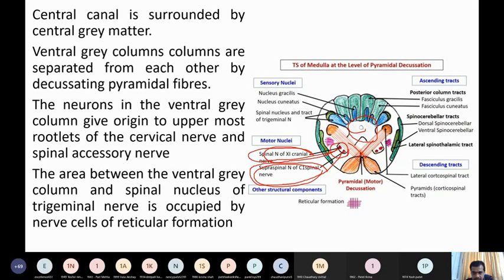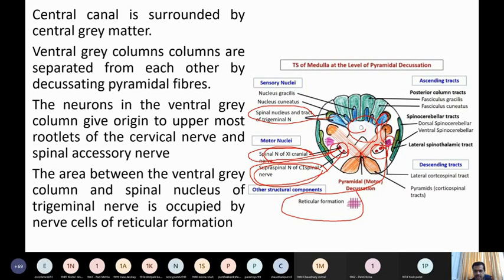You can see here, this is the anterior gray column we saw, and posteriorly there is a nucleus. This nucleus is known as the spinal nucleus of the trigeminal nerve, on either side. Now between the anterior gray column and the spinal nucleus of the trigeminal nerve, there is a pink area which is known as the reticular formation.